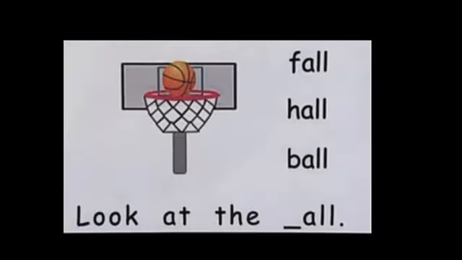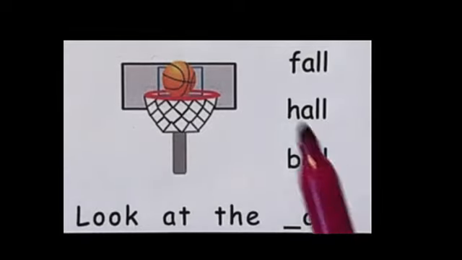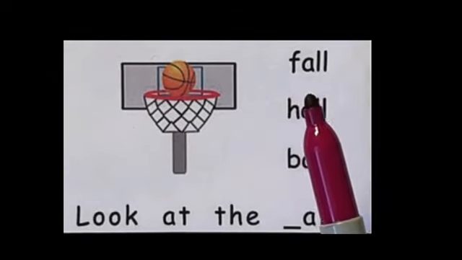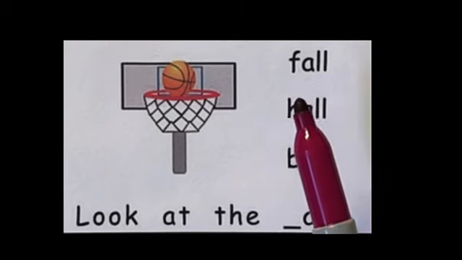Let's use our strategies for another example. Look at the all. There is a missing sound at the beginning. What could it be? Let's look at the picture. What do we see? We see a ball and a net. Let's see which word would make sense.